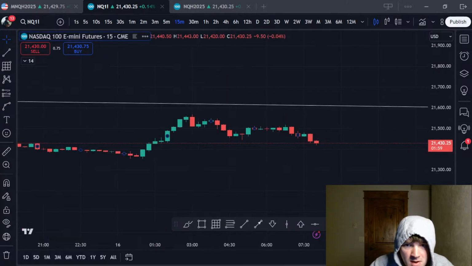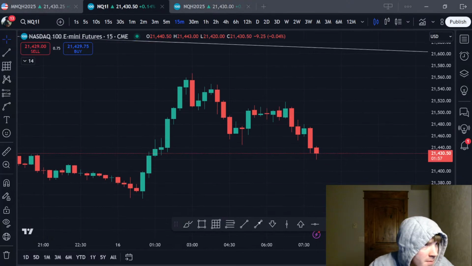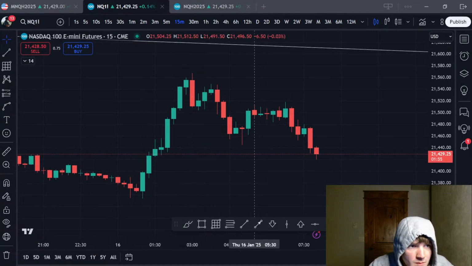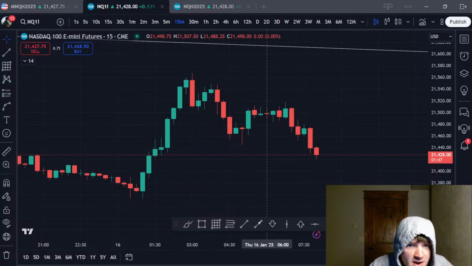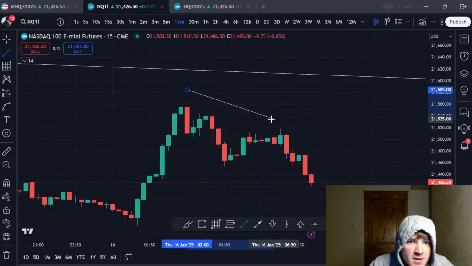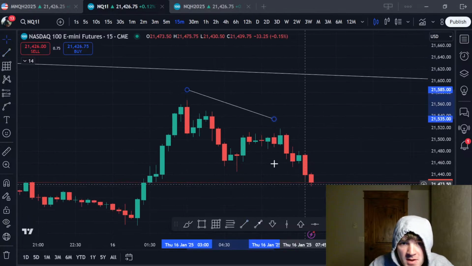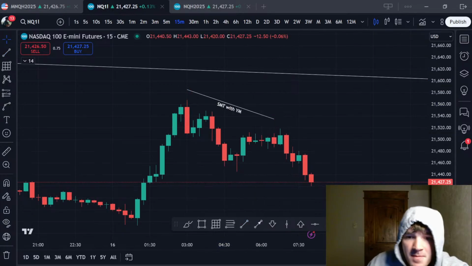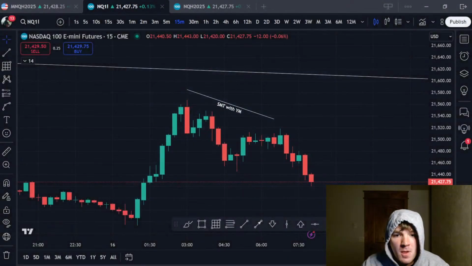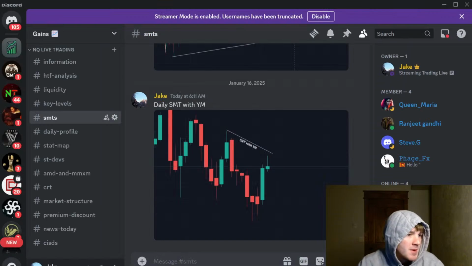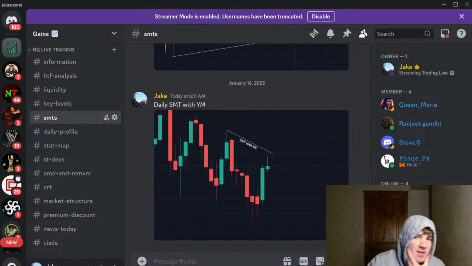Let's go to the 15-minute. It'll be more clear. Okay, we get a high, and then a higher high on YM and a lower high on NQ. Okay, bearish SMT with YM here. So we got two different SMTs with YM, but no SMTs with the S&P.